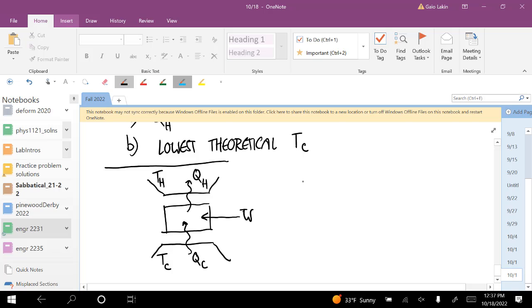And so even though the directions are reversed from a power cycle, the directions still tell us QH has to be equal to QC plus W. And that's all true on a per time basis too.